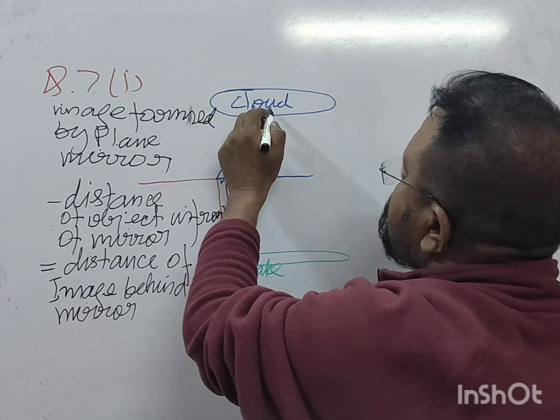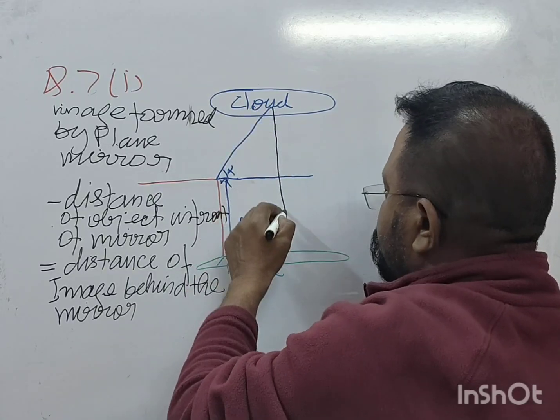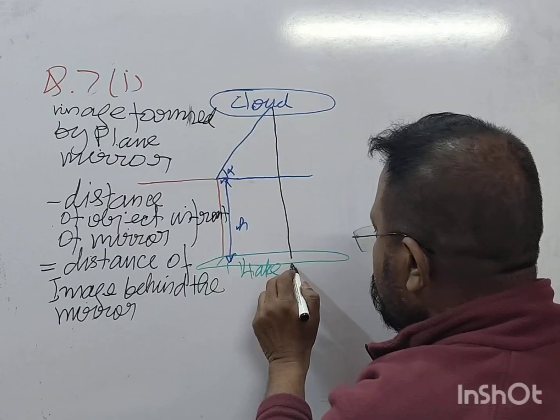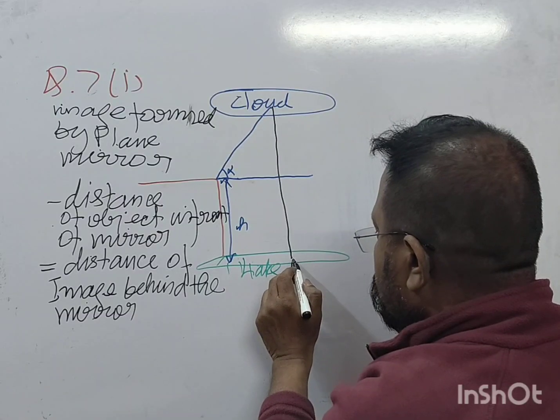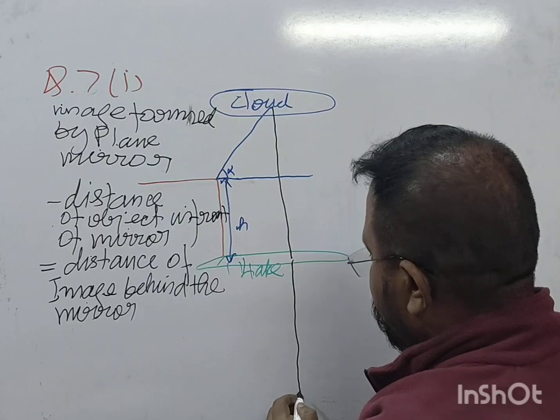So it means the height from here to here is equal to the height from here to here.